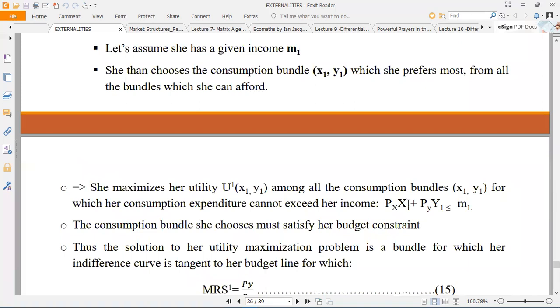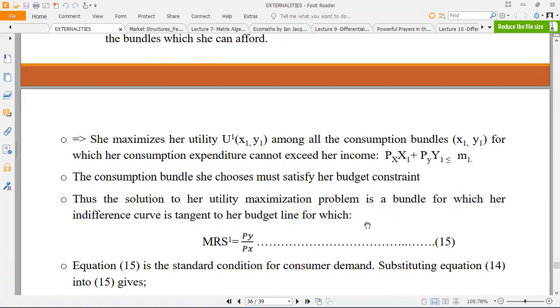So the total expenditure on the two goods, PX X1 and PY Y1, should be less than or equal to income. So this person is faced with this constraint, and his preferences are given by this utility function. You want to choose an efficient bundle X1 and Y1 to maximize this utility function subject to the budget line. This is our budget line here.